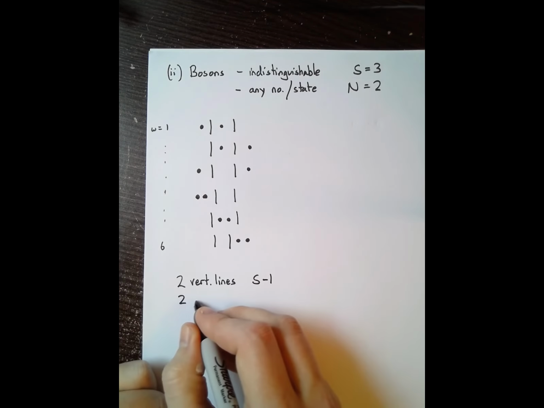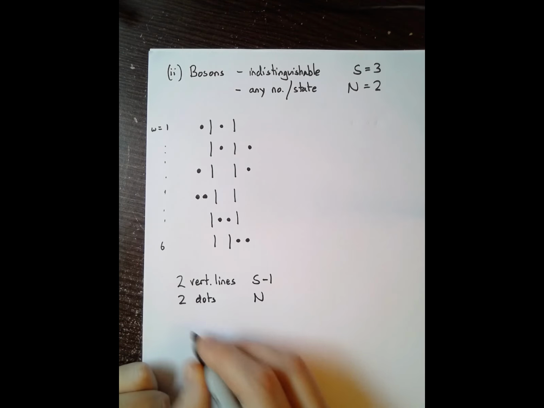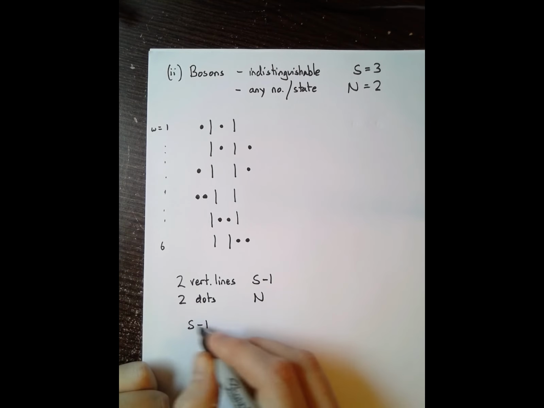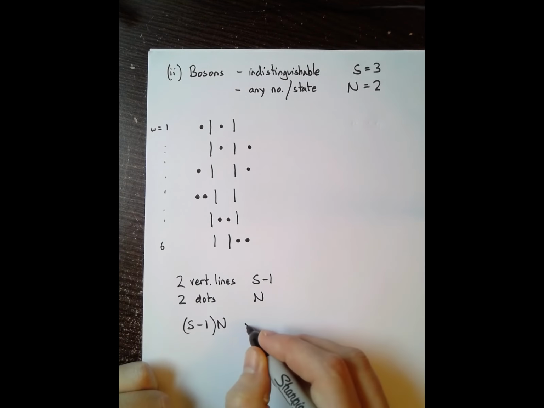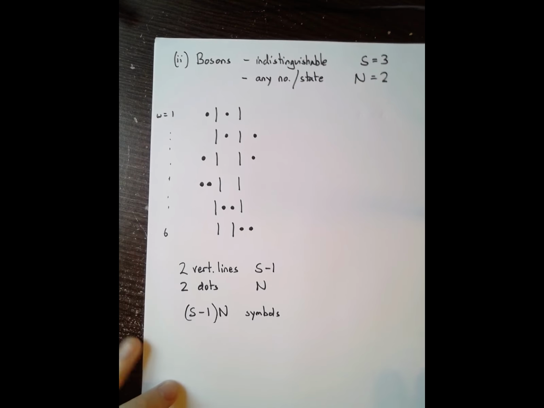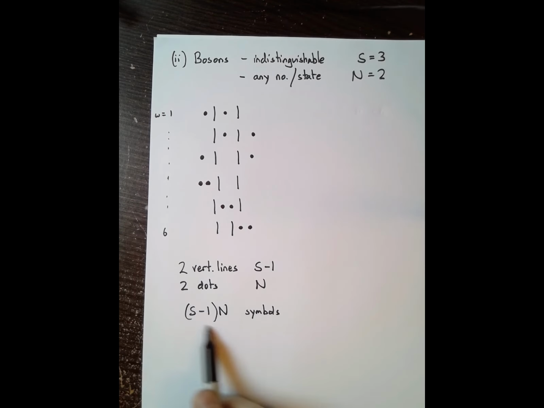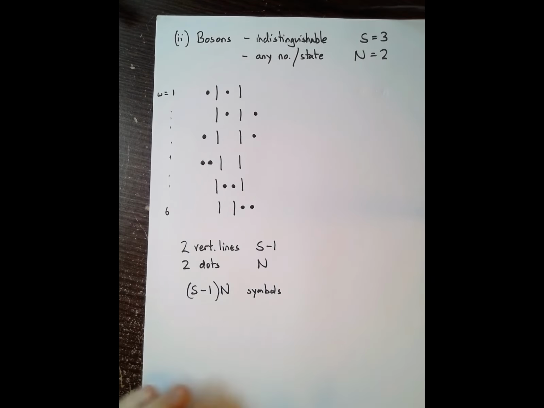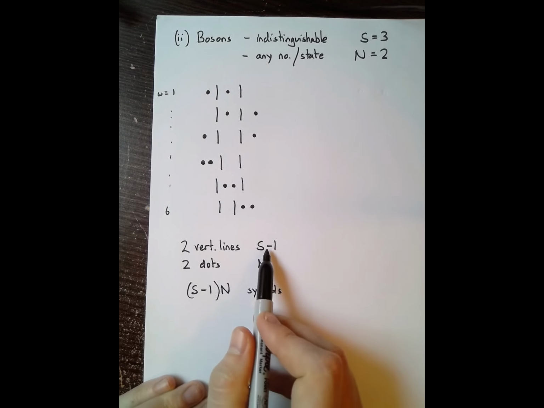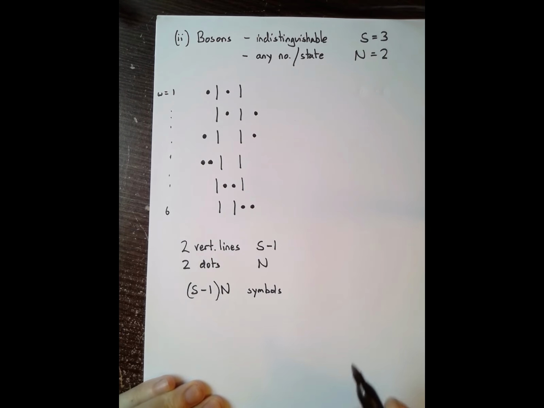And also there are 2 dots, which is the number of particles, which means in total there are S minus 1 plus N symbols to arrange. If the symbols were all different, then the number of ways of arranging this many symbols would just be S minus 1 plus N factorial. But the 2 vertical lines are the same, and the 2 dots are the same. They're indistinguishable particles.